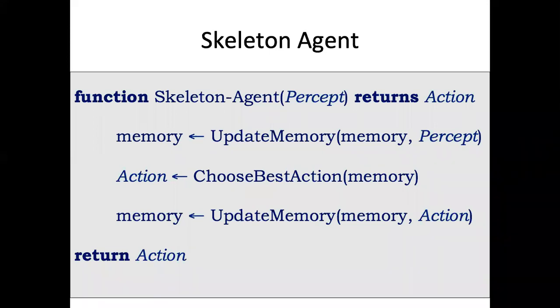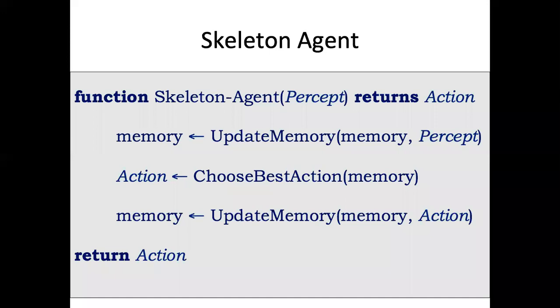So the input is actually the percepts and the return is obviously the action. और in between क्या हो रहा है, आपने मेमोरी के अंदर percepts को कुछ स्टोर किया हुआ है और फिर आपने एक एल्गोरिदम या एक फंक्शन डिफाइन करना है जो कि एक्शन को चूज करेगा एंड देन यू अपडेट योर मेमोरी. दैट मीन्स कि उस एक्शन को परफॉर्म करने के बाद जो चेंजेस आई हैं उन चेंजेस को आपने अपडेट करना है इनटू योर मेमोरी. So therefore the memory actually keeps on changing. So this is sort of a pseudocode for the skeleton agent.